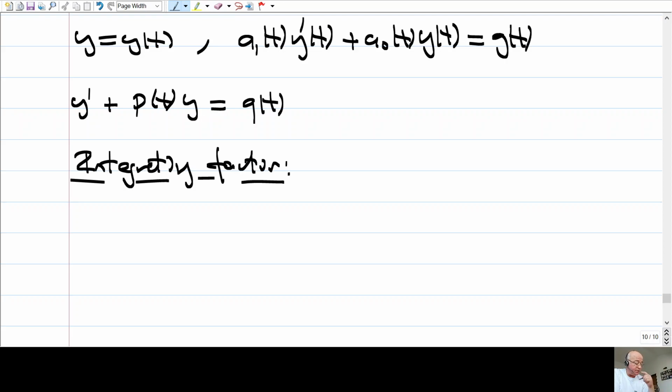And the way we change this will be by multiplying this thing with a function of time.